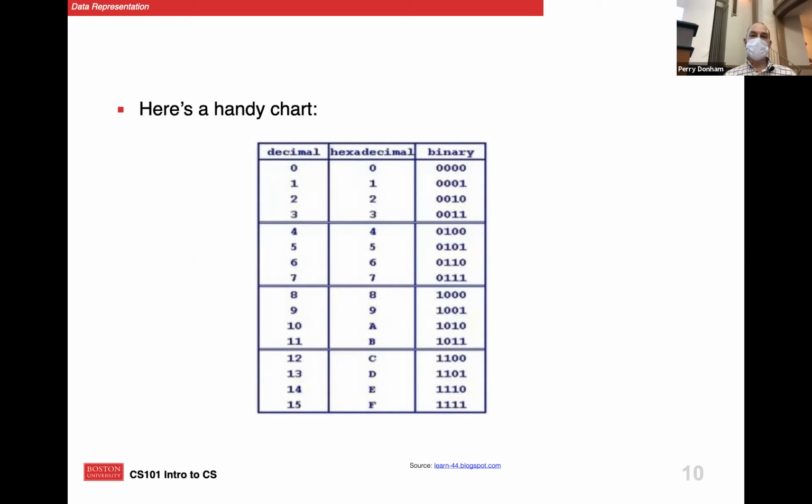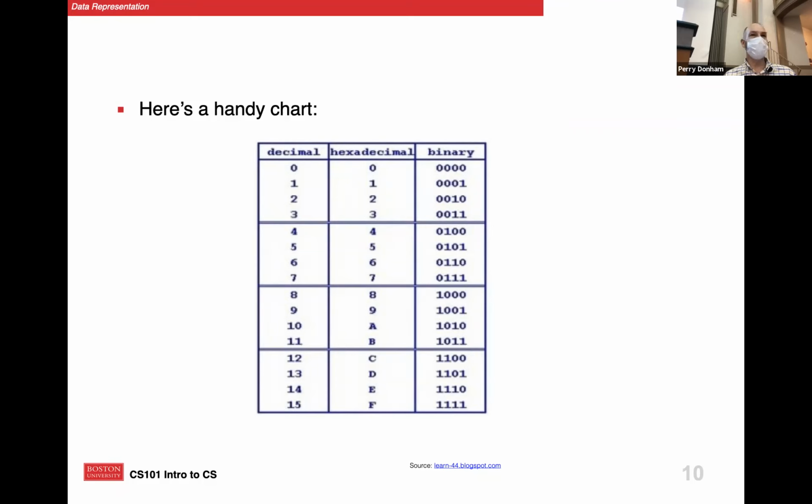If I'm talking about memory in modern computers, 1 byte is how many bits? 8 bits. How many hex digits do I need to represent 8 bits? 2 of them, right? So every byte I can represent as the combination of 2 hex values. How many combinations in 8 bits?